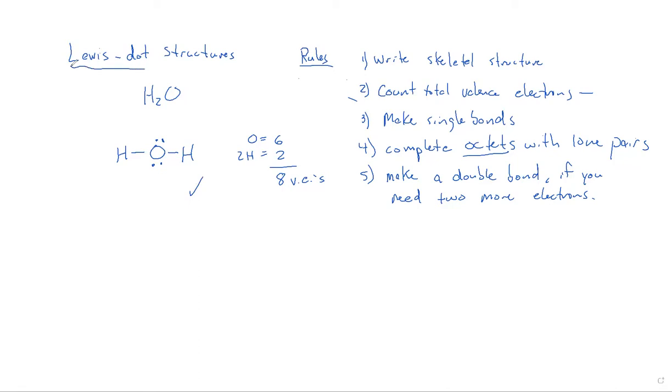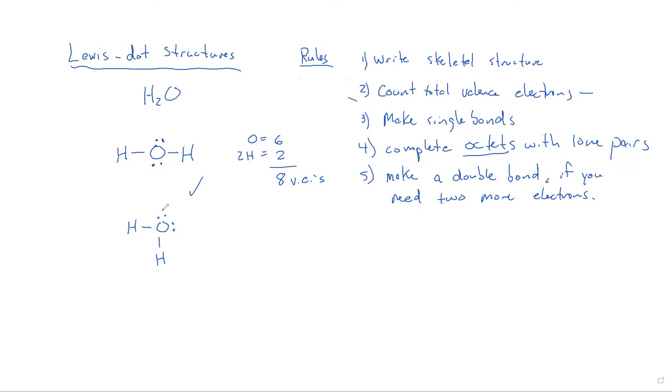What Lewis doesn't tell us is the shape of water. Is water linear? Is water kind of bent, like at a 90-degree angle like this? So what is the shape of water? According to Lewis, both of these structures are acceptable.